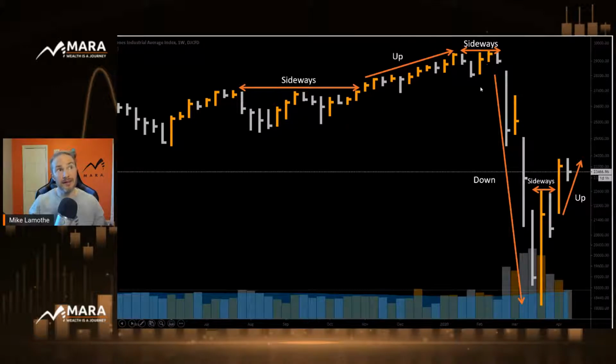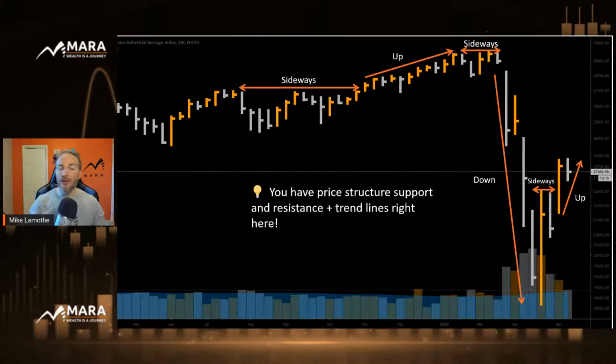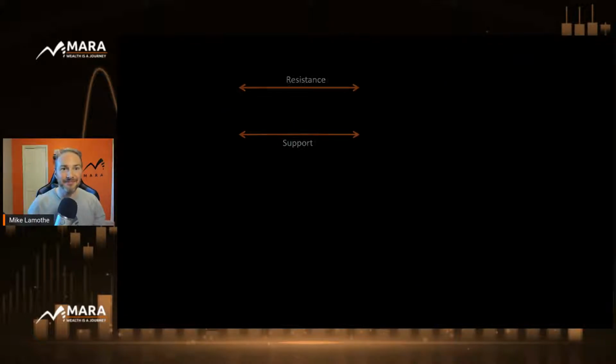Well, with all of this, you have the picture of price structure, support, resistance, trend lines, all that stuff right there. So let's take a look at some of it.